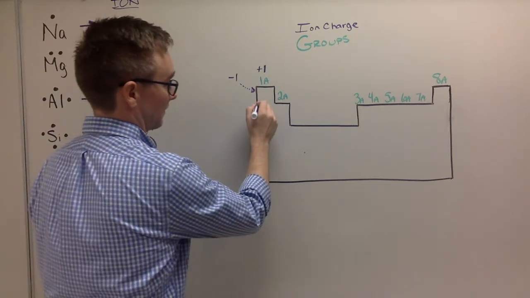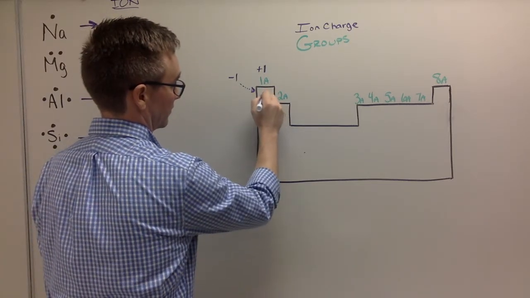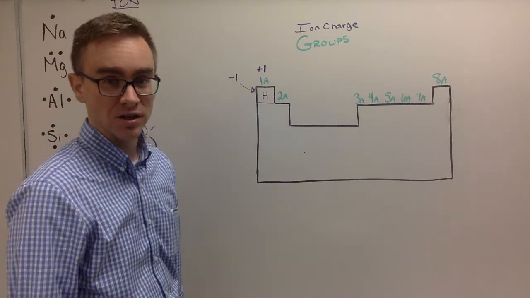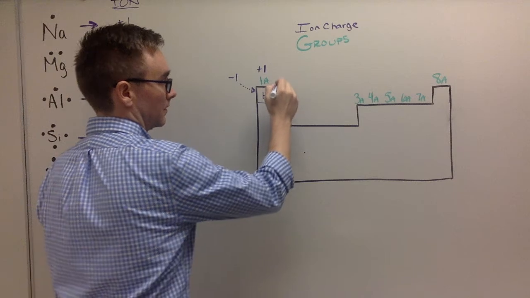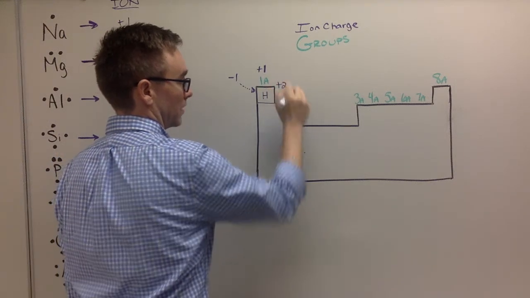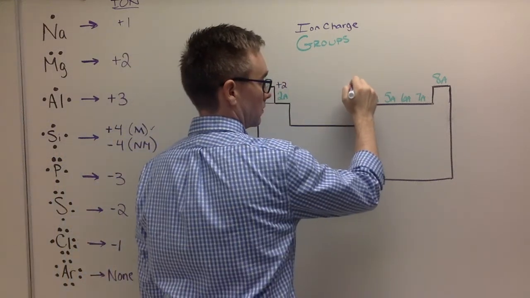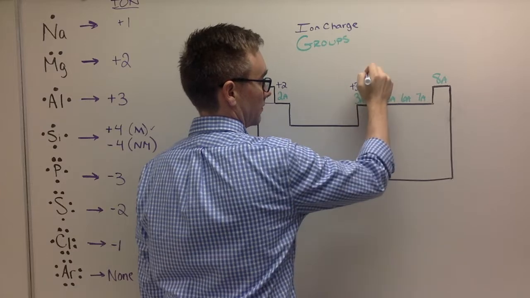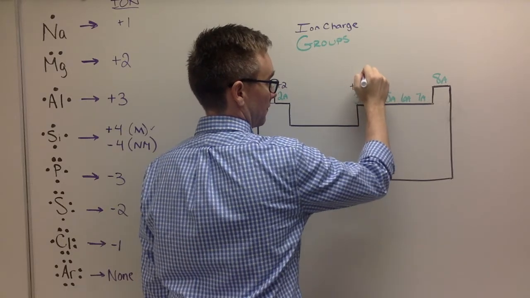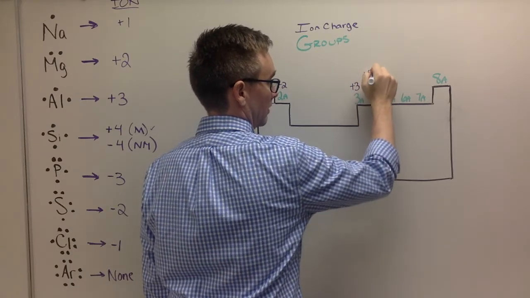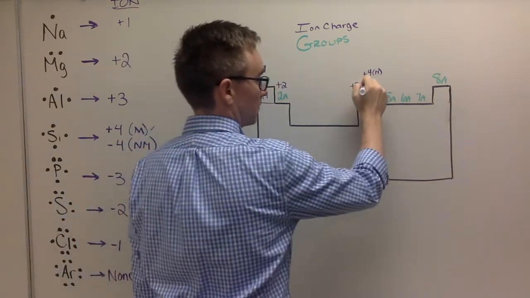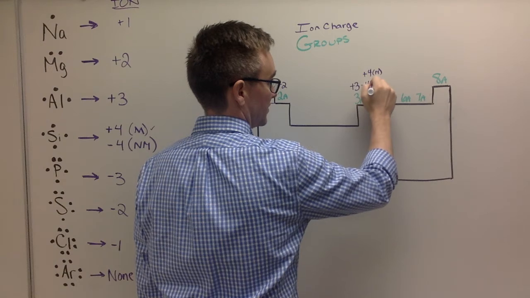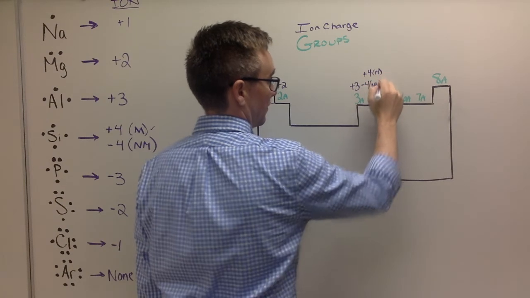So except for hydrogen, which is a -1, the rest of them are +1, +2, +3. For this one I'm going to write +4 with M in parentheses for metal, and -4 with NM in parentheses for non-metal.